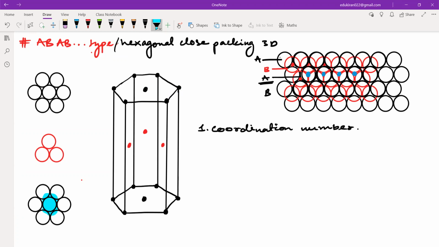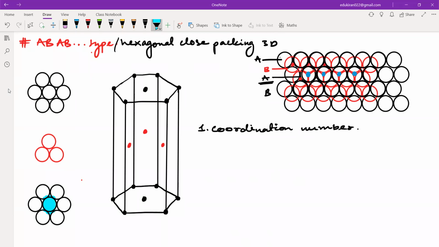Can all of you see that? Now tell me, this black atom that I've highlighted is surrounded by, or touching, how many black atoms? 6 black atoms. Very good.